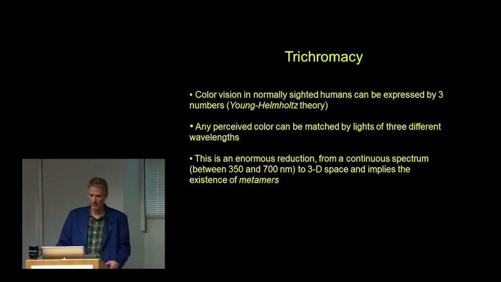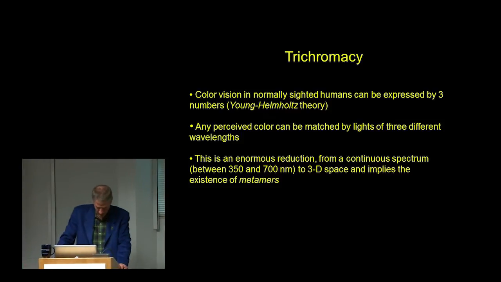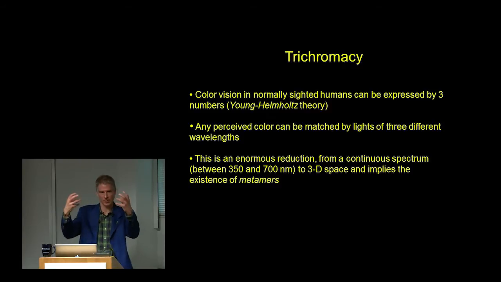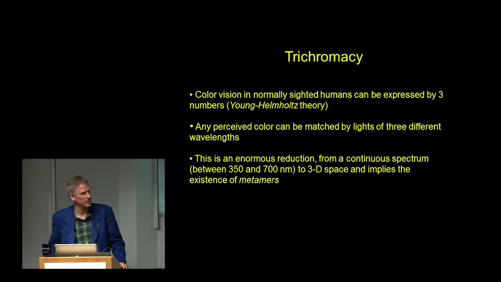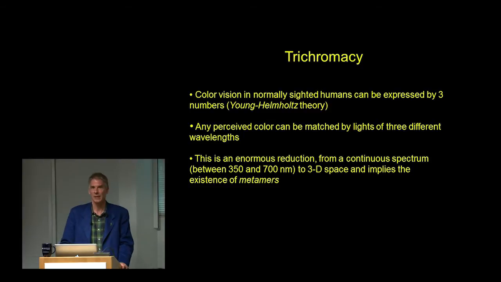And what this implies is the existence of metamers. Metamer is a psychological term, comes from the Greek, that implies that things can look alike but actually be different, that you have two different surfaces or two different light sources that have different reflectance properties, but they look exactly the same. Then they're called metamers of each other. Even though they might be different, they look the same to you.